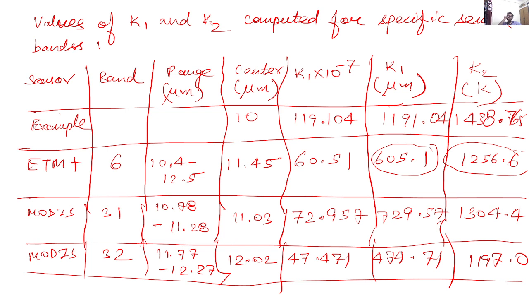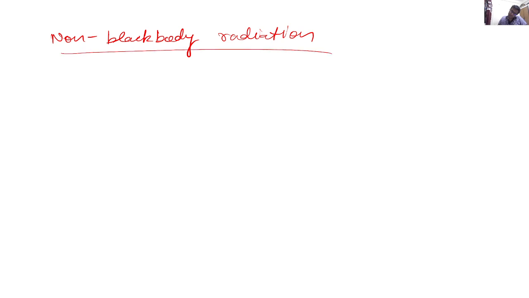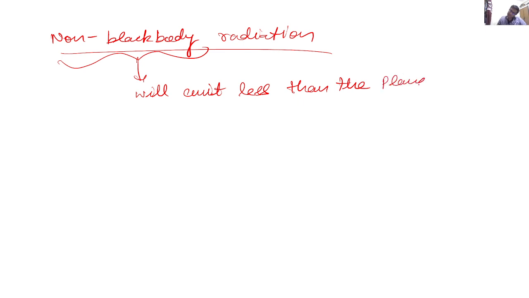So far we were discussing black body radiation only. What if the body is not a black body? Non-black body radiation. They will emit less than what the Planck function predicts, because the Planck function is for a black body.